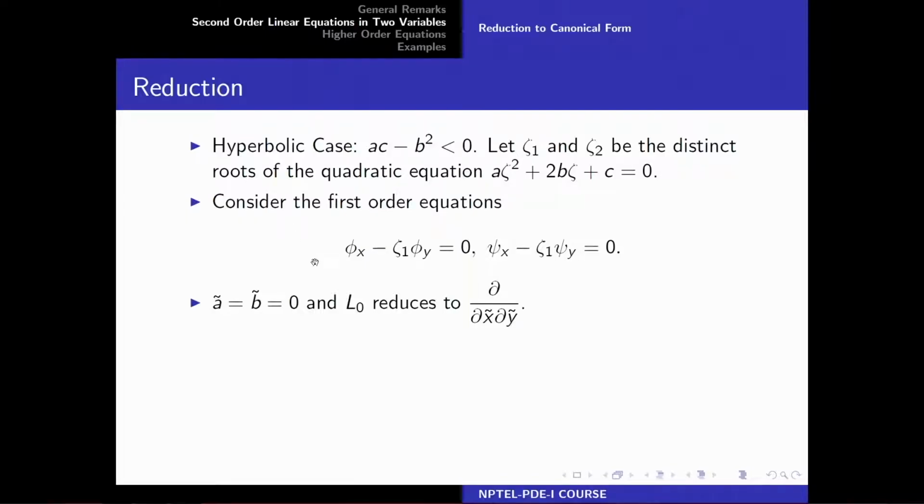One thing you should remember here: though they are first order equations, you have already learned the method of characteristics to solve first order equations, and here they are linear in fact. This xi 1 and xi 2 are only functions of x and y, so there is absolutely no problem, but there is no initial line or initial condition. So, in practice when you want to obtain this phi and psi, some simple functions will do.